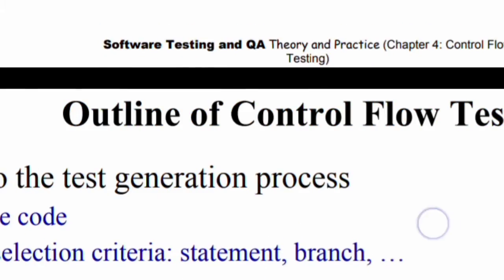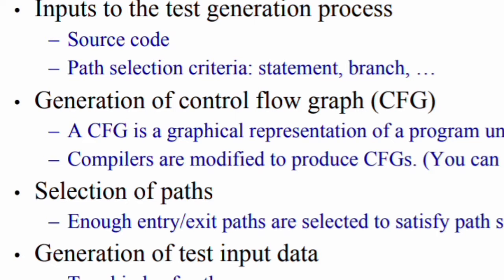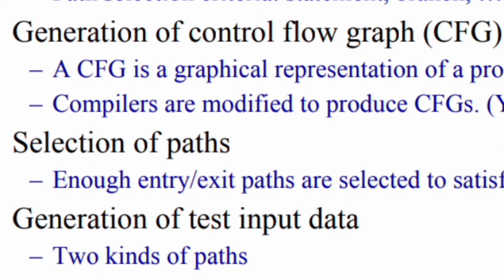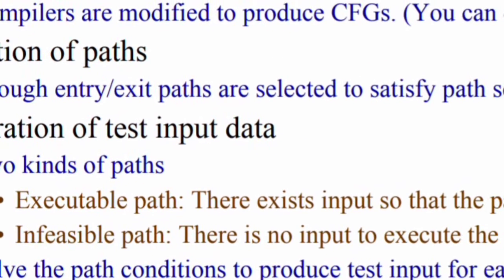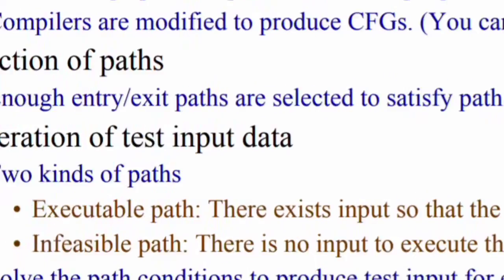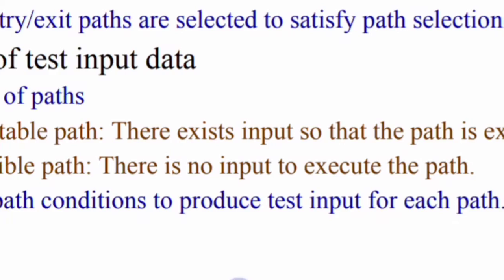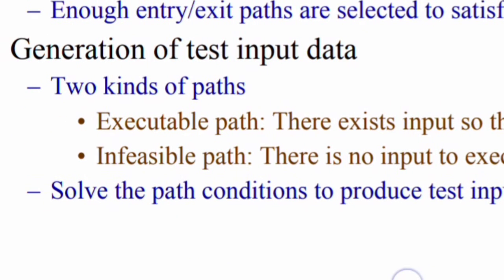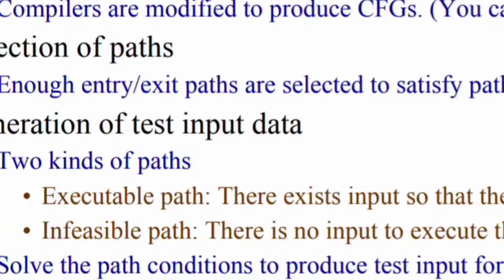Outline of control flow testing. Inputs to the test generation process are the source code and path selection criteria, such as statement or branch. Next is generation of the control flow graph, CFG. A CFG is a graphical presentation of a program unit. Compilers are modified to produce CFGs.